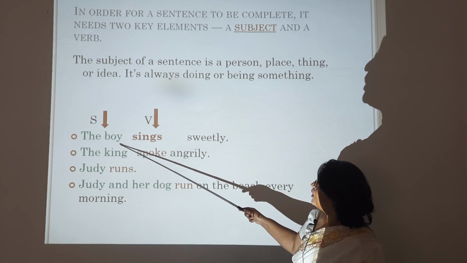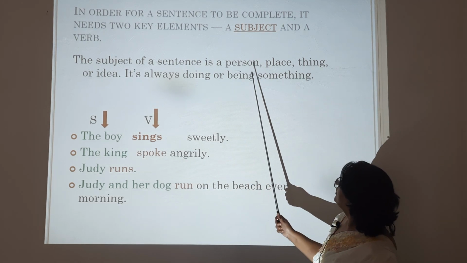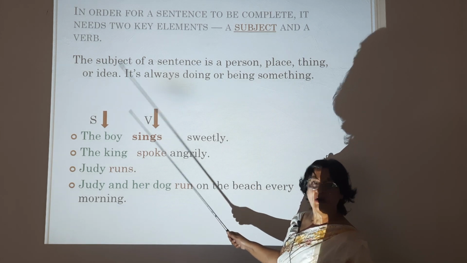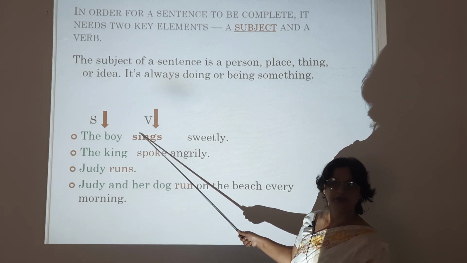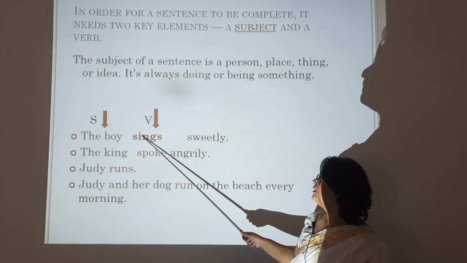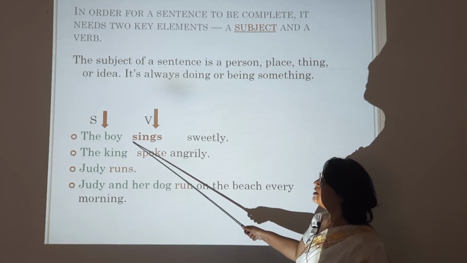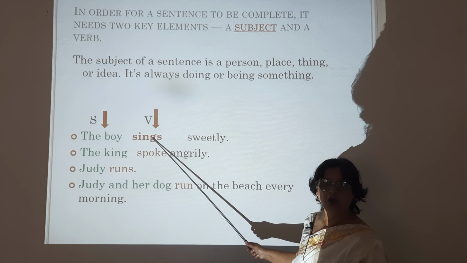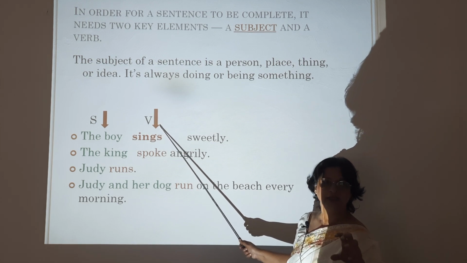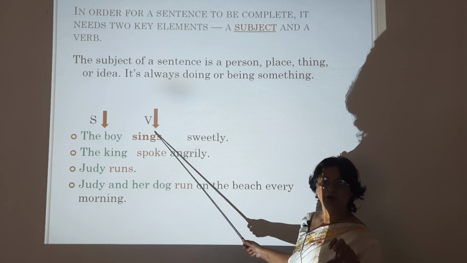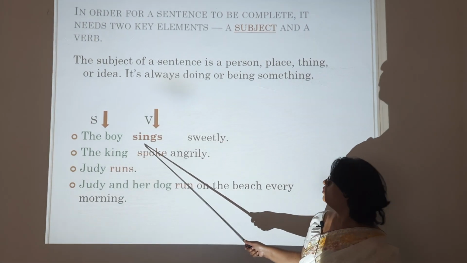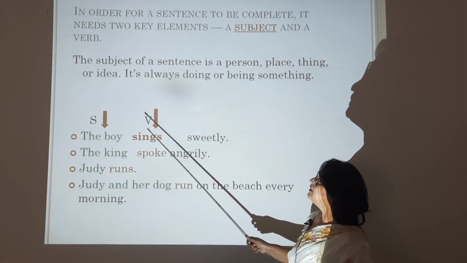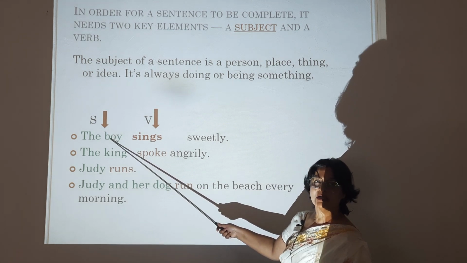Like I told you, a subject is always a person, place, thing or idea. But then what helps a subject to be identified? The main important thing is the verb. Verb is the heart of a sentence. If there is no verb, there is no complete sentence. So, a verb helps to identify the subject.